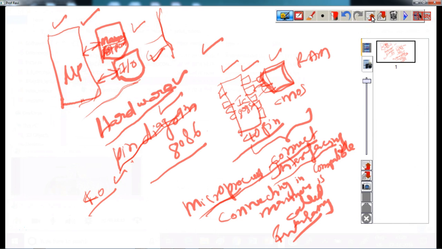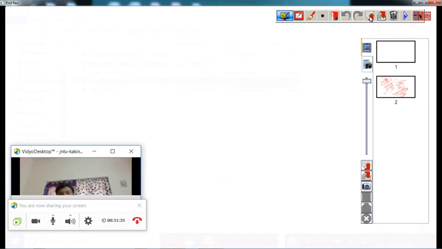The objective of today's class is to know the hardware features of 8086. Hardware means it is an IC which you can see and touch. So if you know the pins, then you can easily interface.